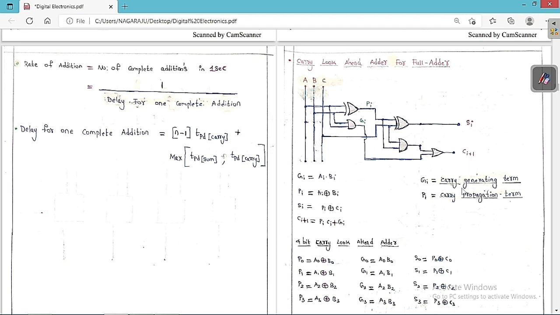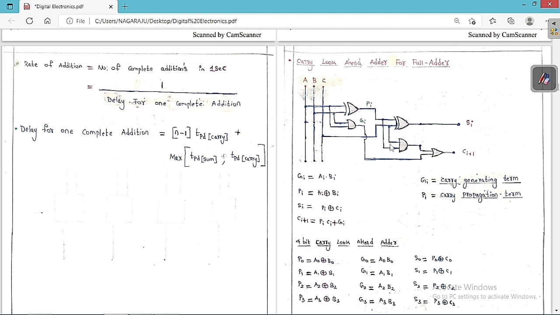GI is called the carry generating term, because of this only we are going to get the carry. And PI is called the carry propagation term.